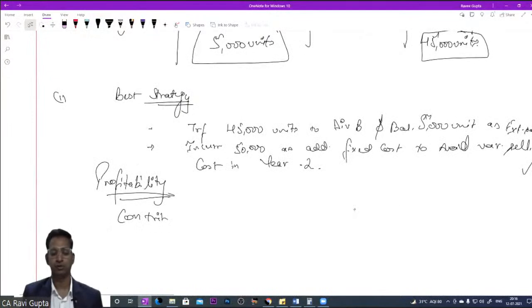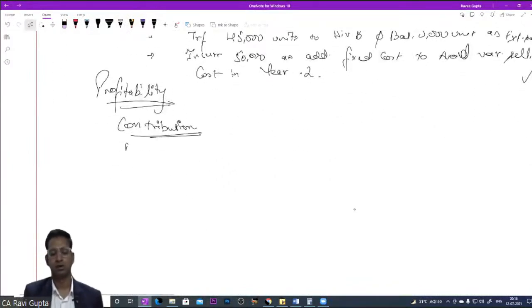Contribution from external sales, 5,000 units into 20 rupees, rupees 1 lakh.